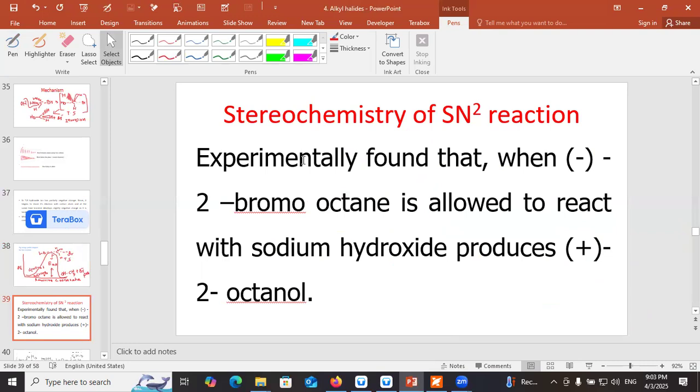Stereochemistry of the SN2 reaction: it was experimentally found that when levo 2-bromo-octane is allowed to react with sodium hydroxide, it produces dextro 2-octanol.